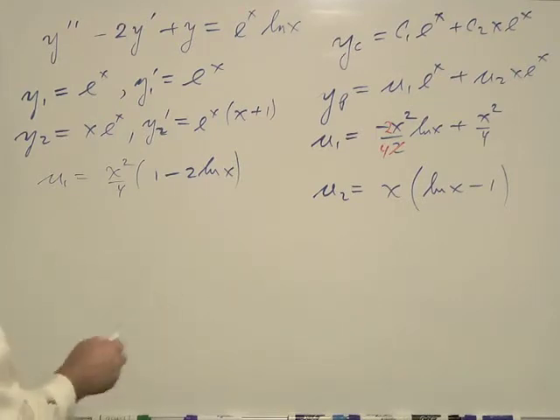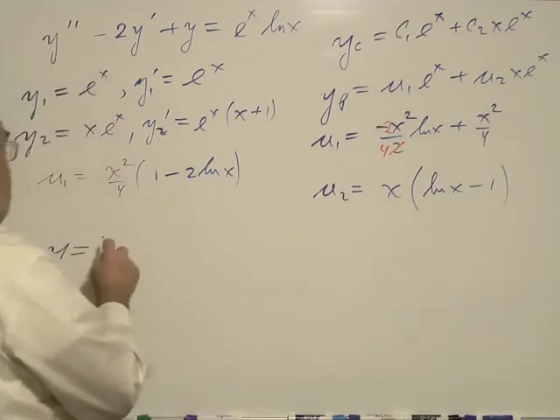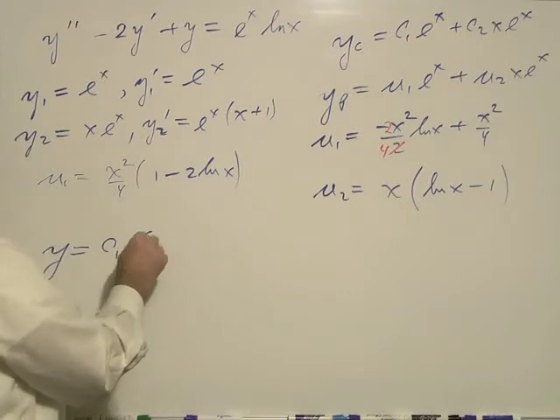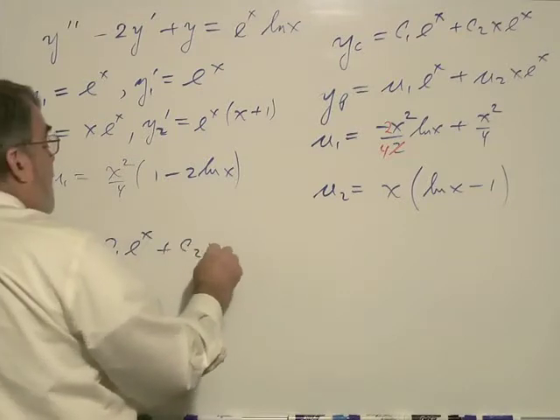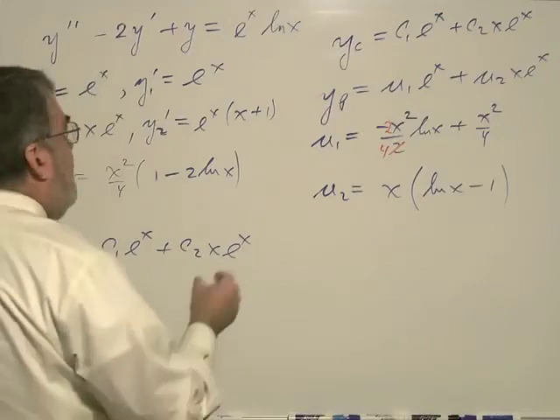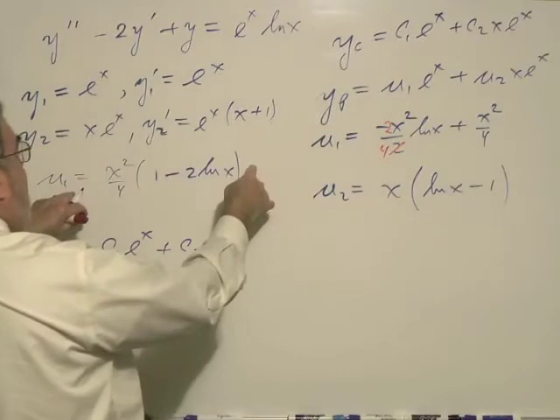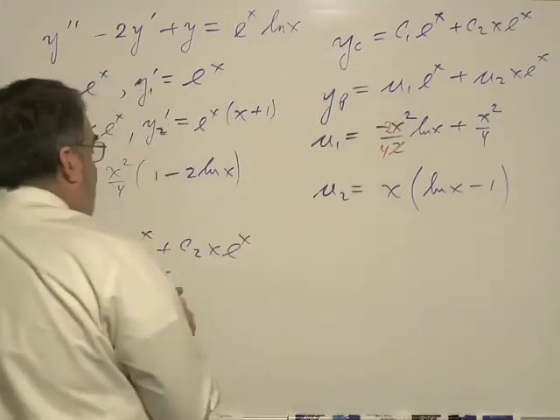Alright, now we can write out the general solution, which is, first of all, the complementary solution, c1 e to the x plus c2 x e to the x. And then we have y particular will be u1, which is this stuff, times e to the x.